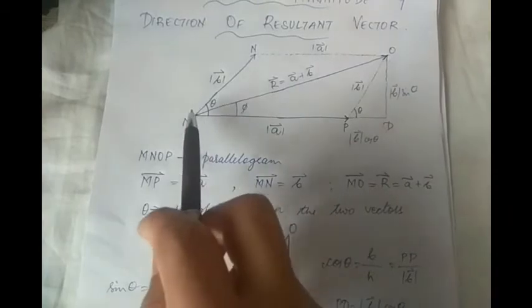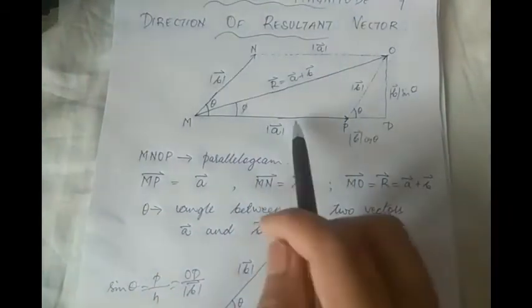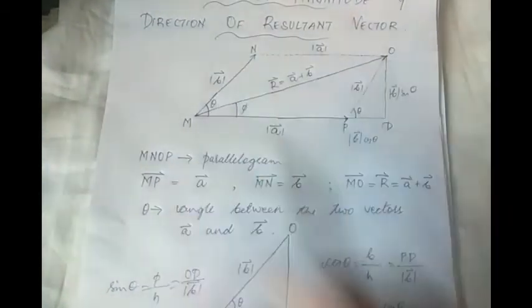Why? Because we already know that vector A and vector B are given to us.